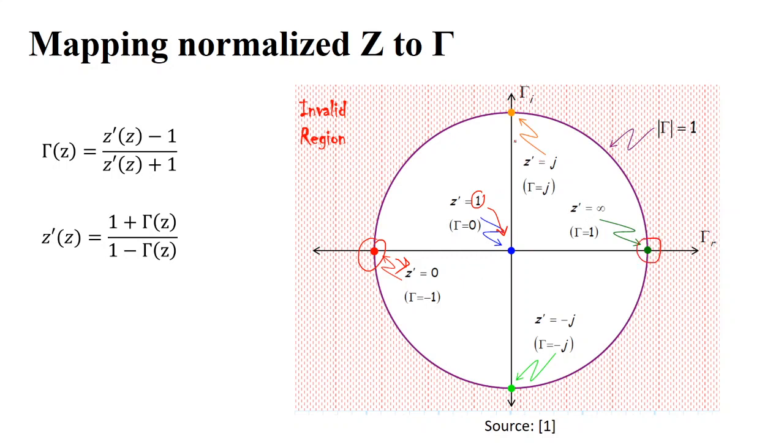Now Z equals J, normalized load is J, it means it is purely reactive, so we will be on this circle. When it is J, it means it is purely inductive. So the purely inductive part will be here, and this is the 90 degree, and here it will be the minus 90 degree.